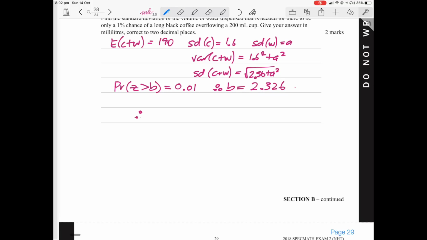So therefore, 2.326 is equal to x minus mu on sigma, square root of 2.56 plus A squared.